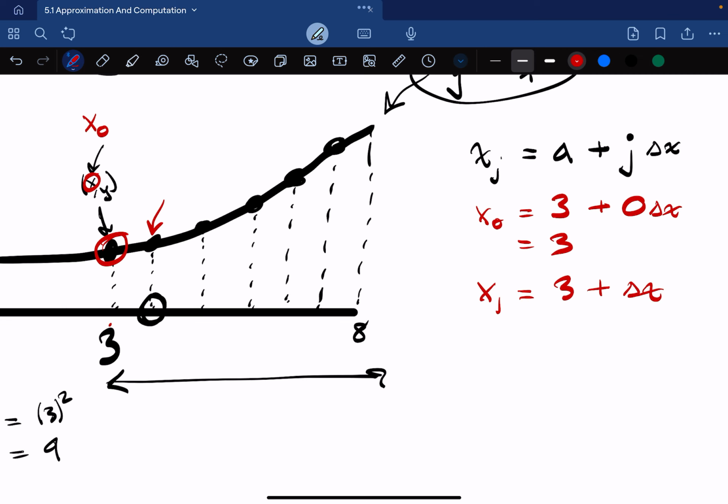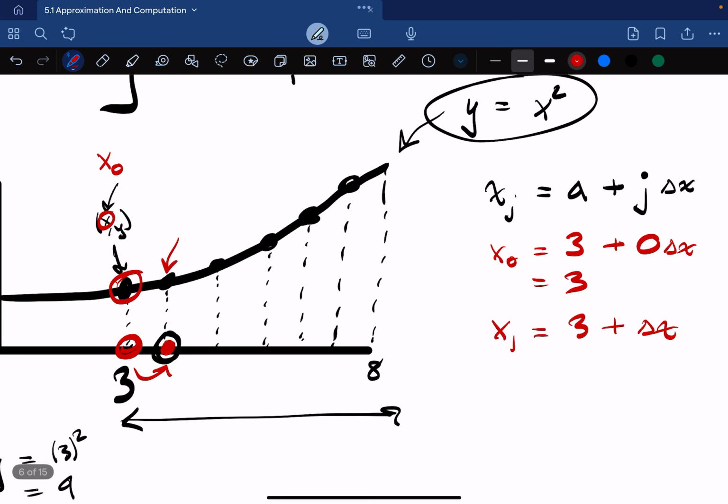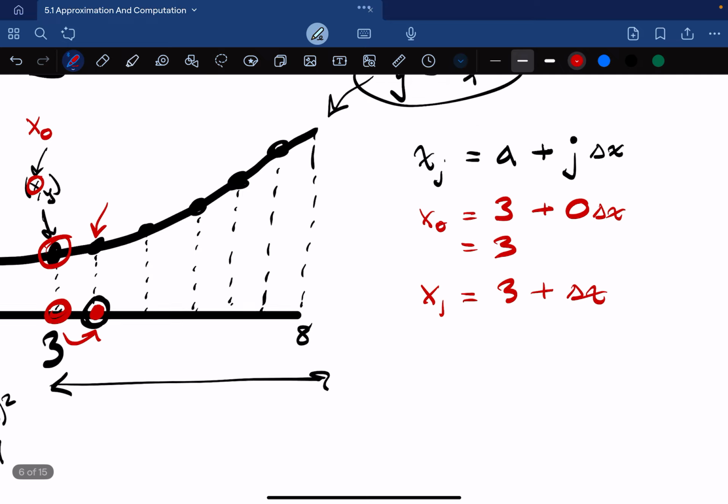That is no longer this point right here. Now I've moved over 1 delta x, and I'm finding the x value that's right here. But we don't want that for the very first point. So always remember, the start point of the total interval is always x of 0.